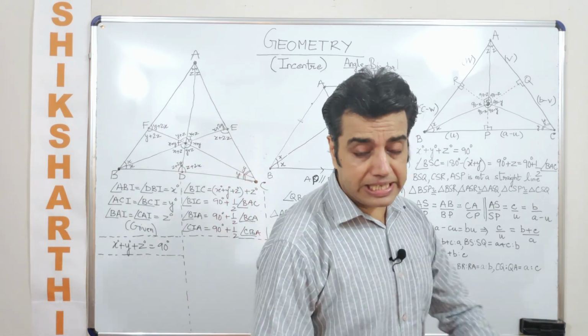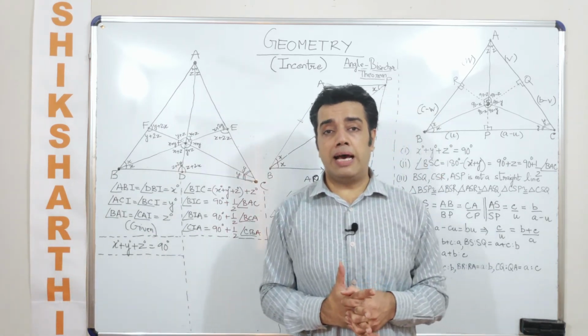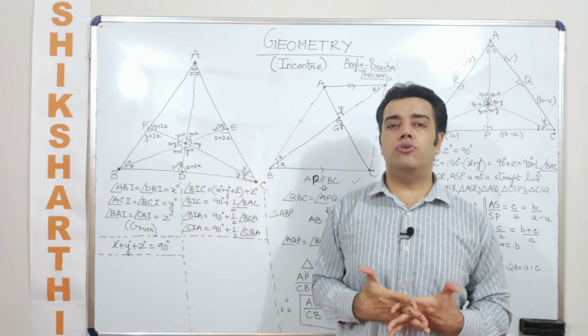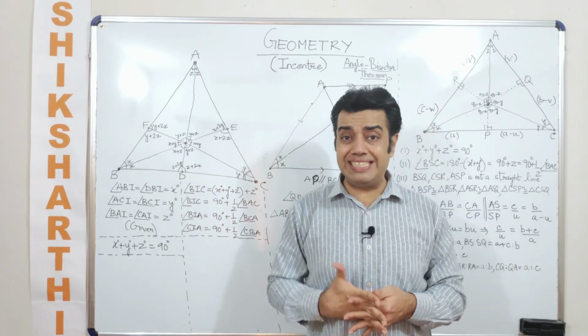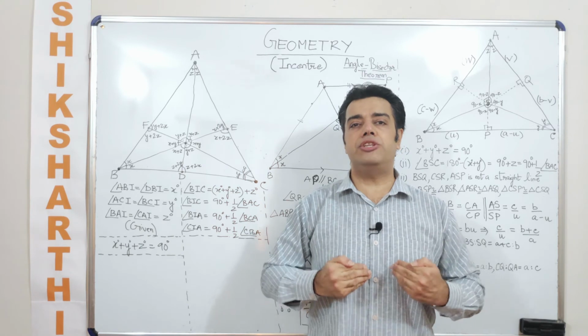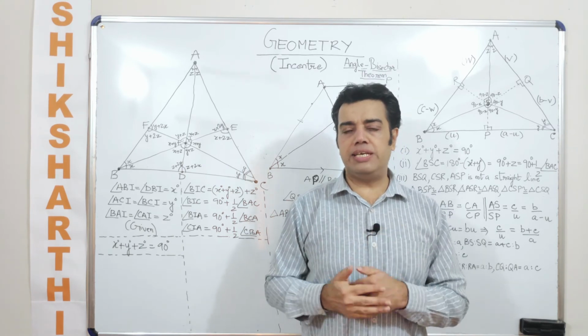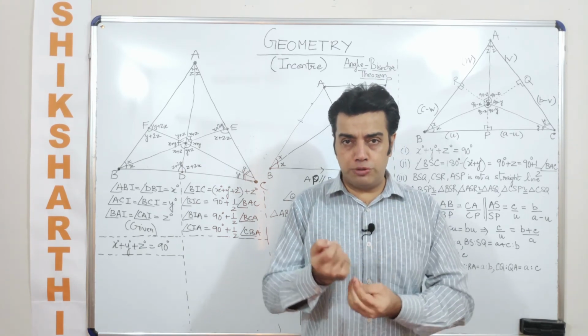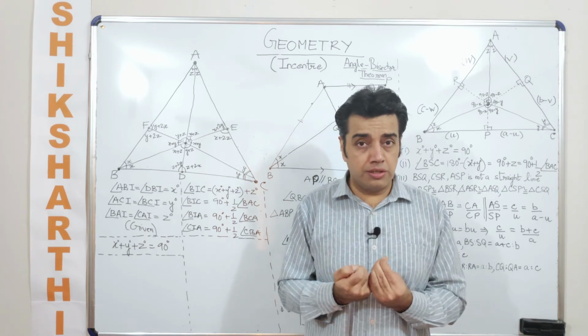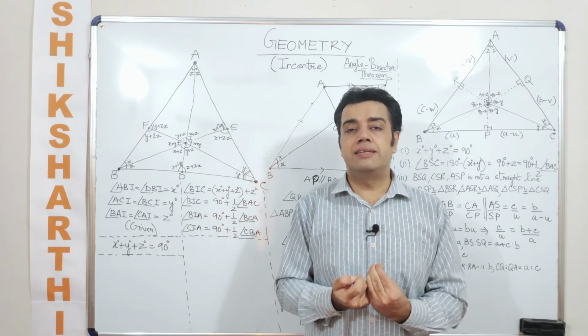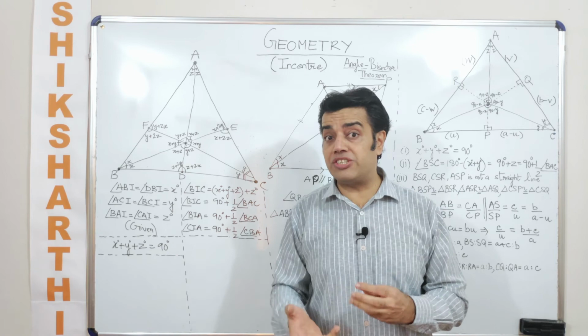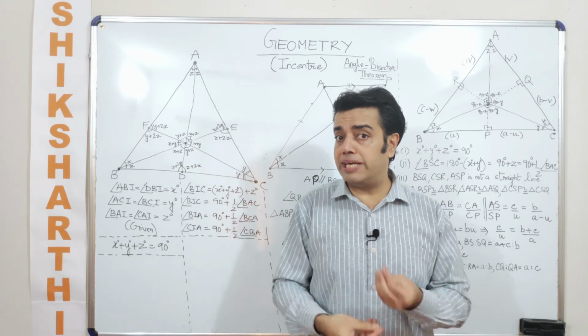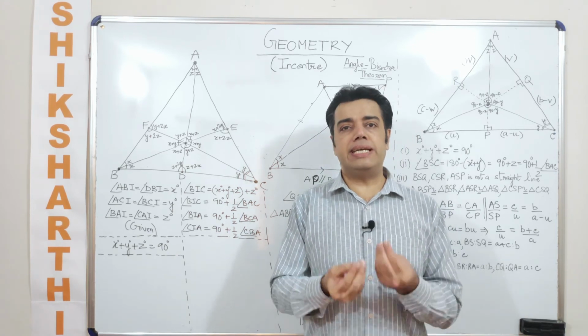Now after so many sessions of geometry, I think this is the right time to advocate that geometry becomes easier if you prove each and every theorem. What I mean to say here is every theorem should be taken as a question, prove it first so that you are able to take it as a question. You are not taking it as a theorem merely, you're taking it as a question.